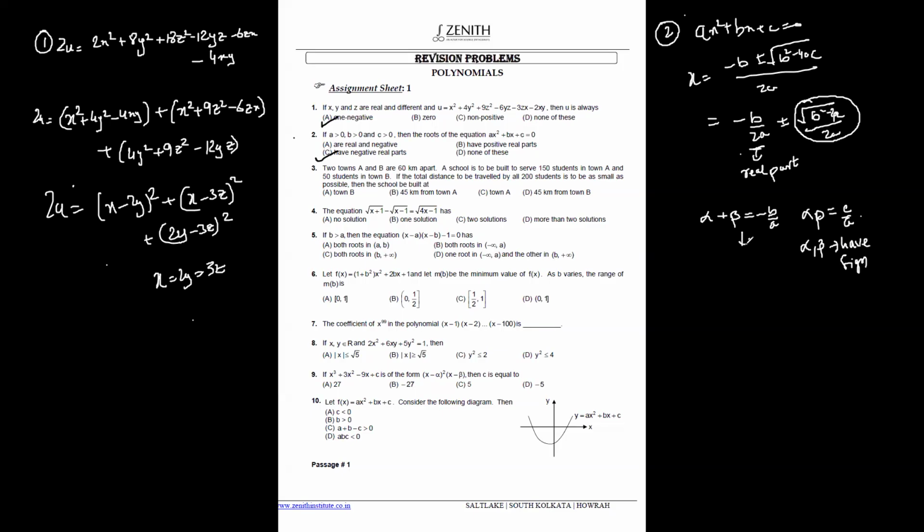But if they have same sign and the sum is negative, then that will imply that both are negative. So if the roots are real, they would be negative. If the roots are imaginary, the real part would still be negative. So the answer would be C. Is everyone okay with this?